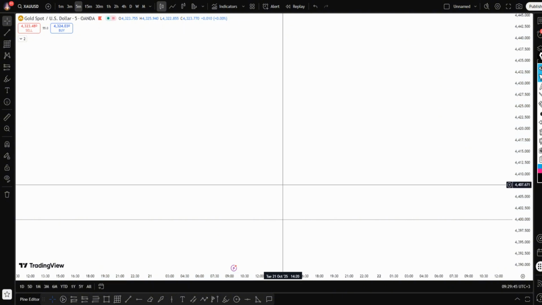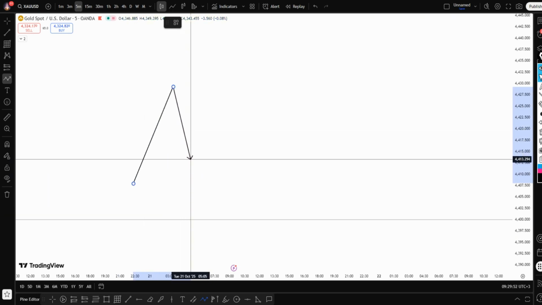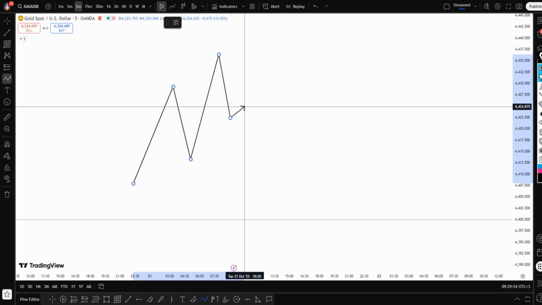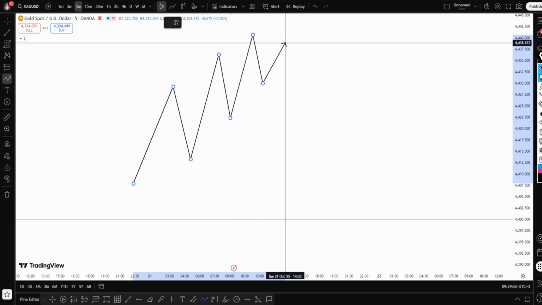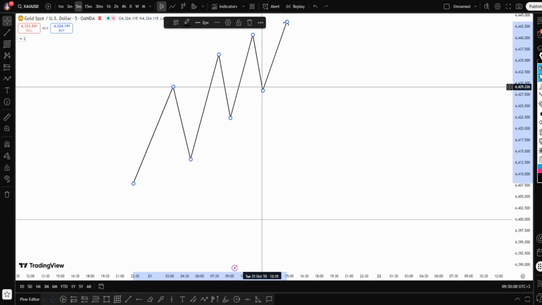So the next thing is identifying valid support and resistance zones. So if price came and broke that high, if you look at this point, price came here and bounced once and twice.